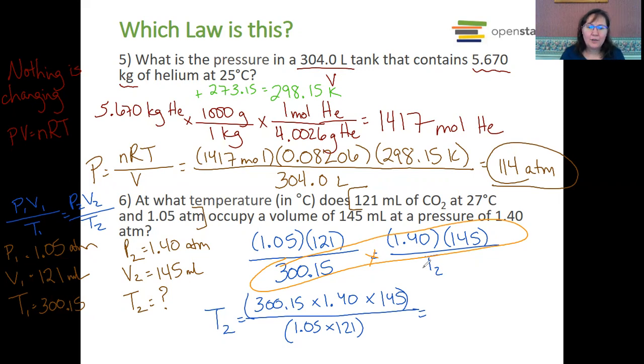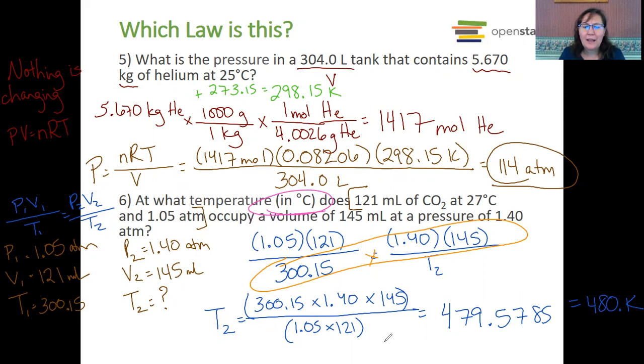All right. So as you work through this, you should get a temperature that says 479.5785. I can only have 3 significant figures here. So this gives me 480 kelvins. But notice here that it says that it wants our temperature in degrees Celsius.